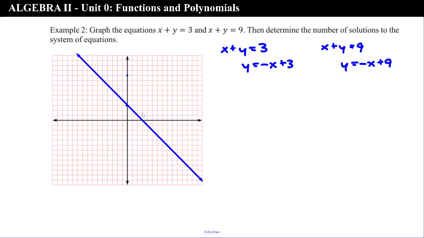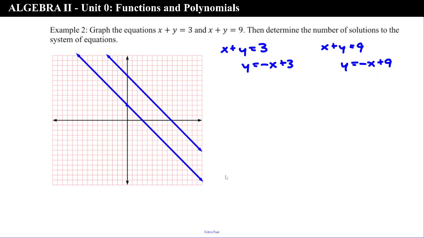And now we're going to plot our line. And this line goes through as such. With a slope of negative 1, we're going over 1 and down 1, over 1 and down 1. And yes, we do have two parallel lines.